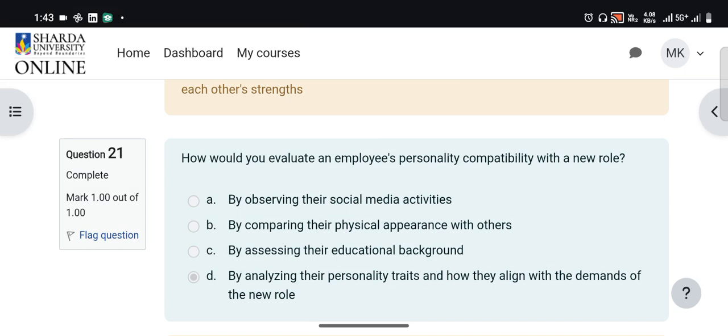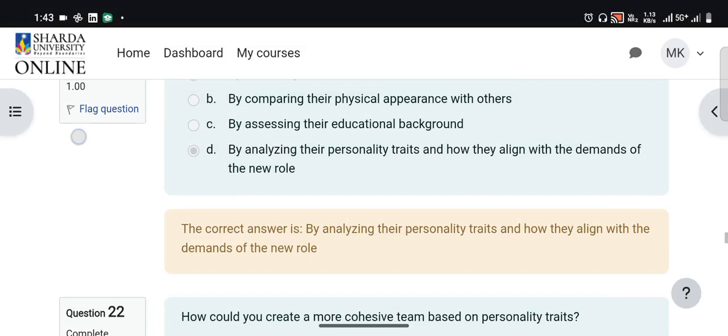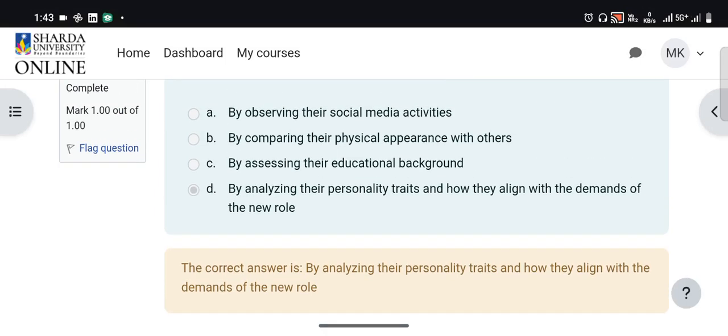Option D, by analyzing their personality traits and how they align with the demands of the new role. The correct answer is by analyzing their personality traits and how they align with the demands of the new role.